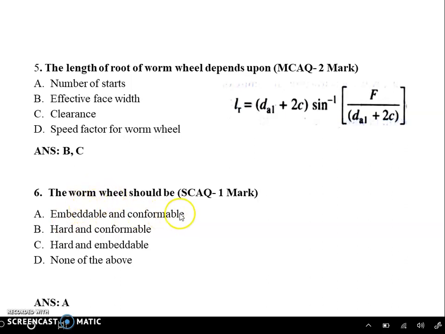Worm wheel should be conformable and embeddable with reference to the worm, because it is advised that if the situation comes, we can replace the worm wheel, but the worm is not replaced, because the worm is very costly and very precise to manufacture. So worms are always more precise than worm wheels. That's why embeddability and conformability are required in case of the worm wheel, not for the worm.